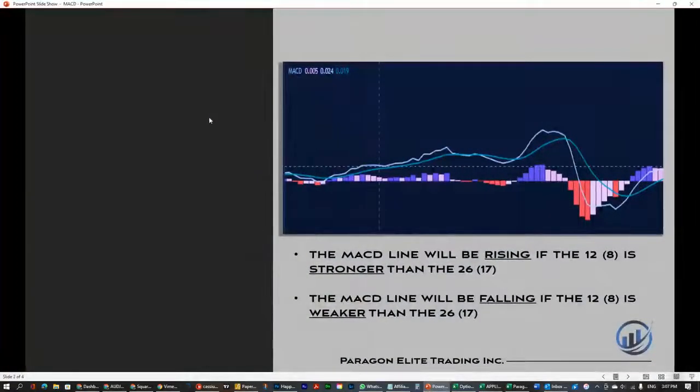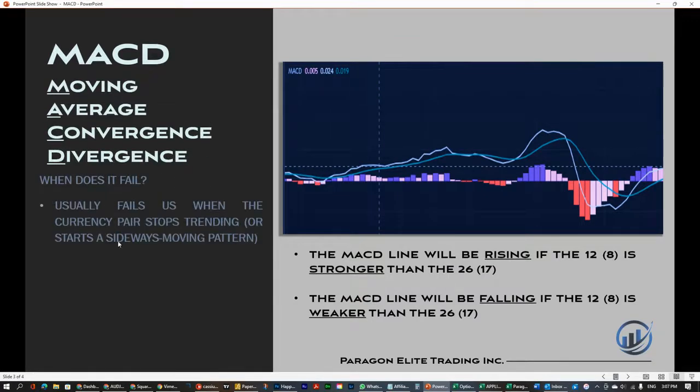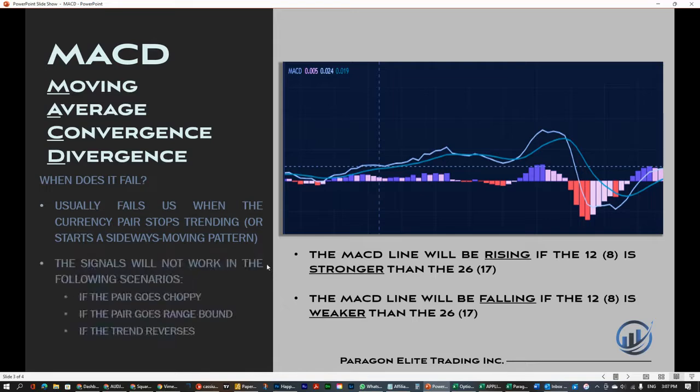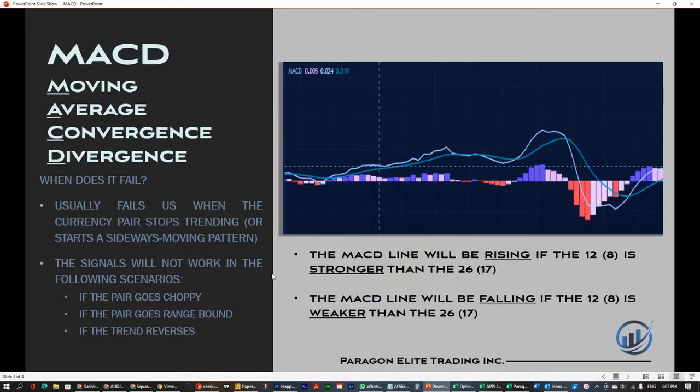Let's see if there's anything more here. When does it fail? Remember this. So, and we looked at this. So when does it fail? When the currency pair stops trending, or when it's choppy, just kind of meandering, the 20 and the 50 are just kind of hanging out together.